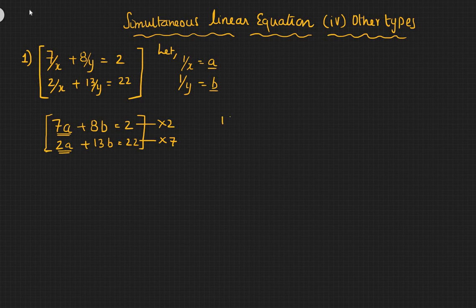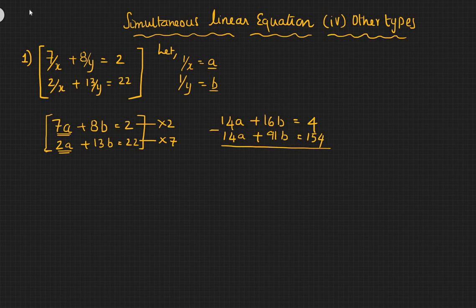So this becomes 14a plus 16b is 4, and 14a plus 91b is equal to 154. So now we can subtract both these equations.